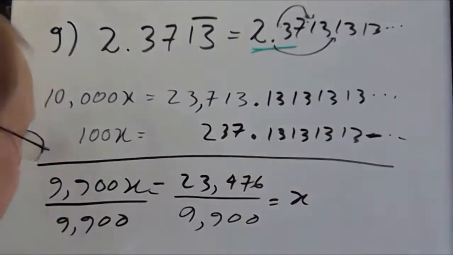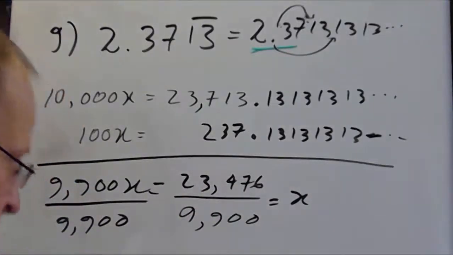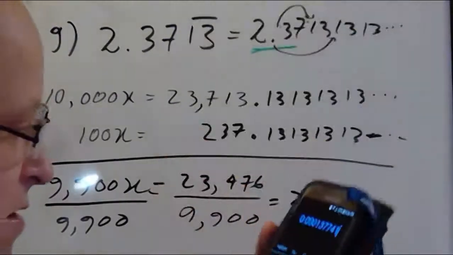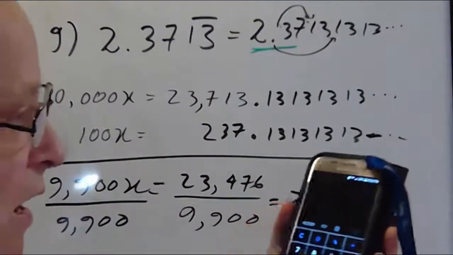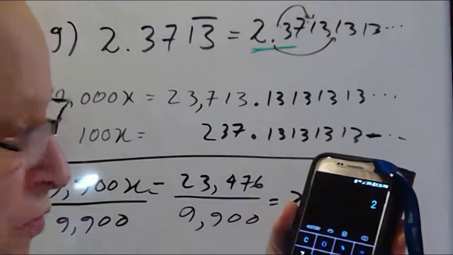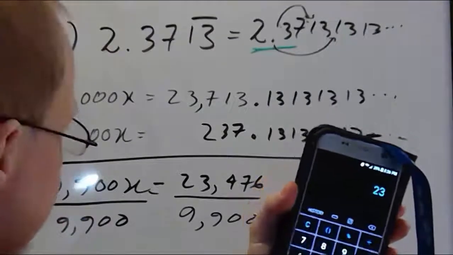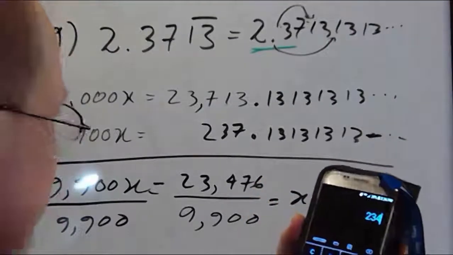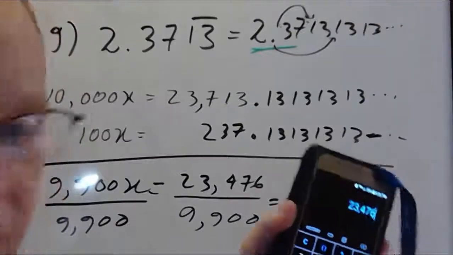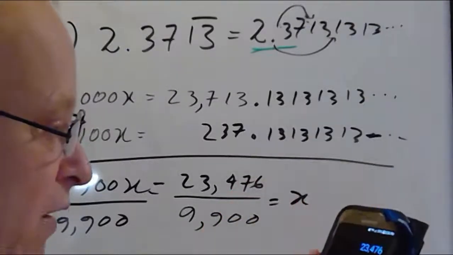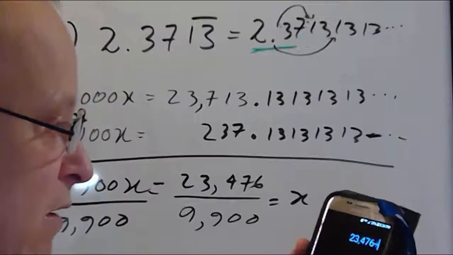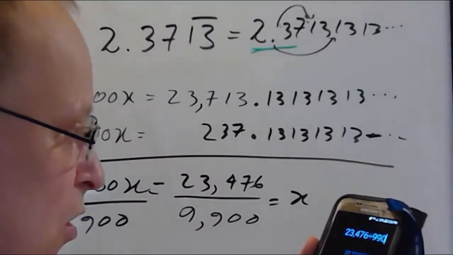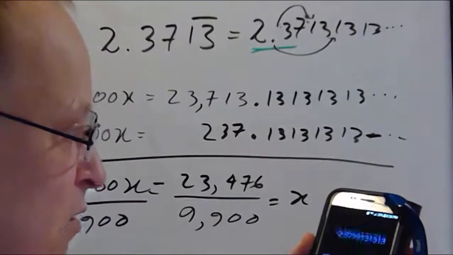Now, of course, because of the craziness of this one, we want to check it. And let's see if indeed it did work. So I have my calculator here, clear. And I have 23,476 divided by 9900, equals.